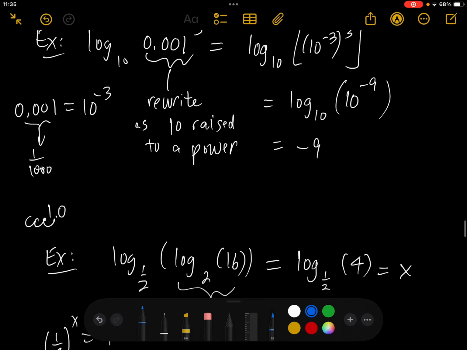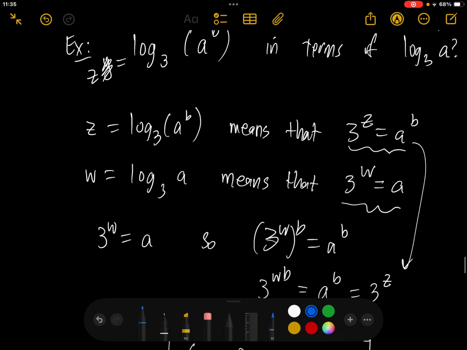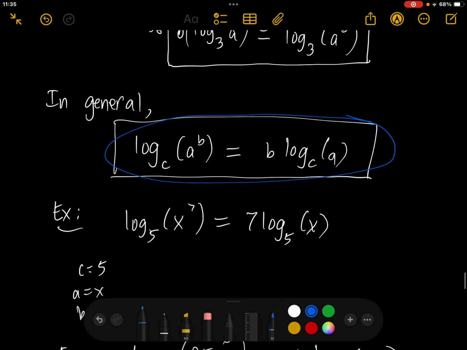They undo each other. And then another property is this property, that if you have base c, log of a to the b is b log a. So you can move the exponent b down. That's an important property.